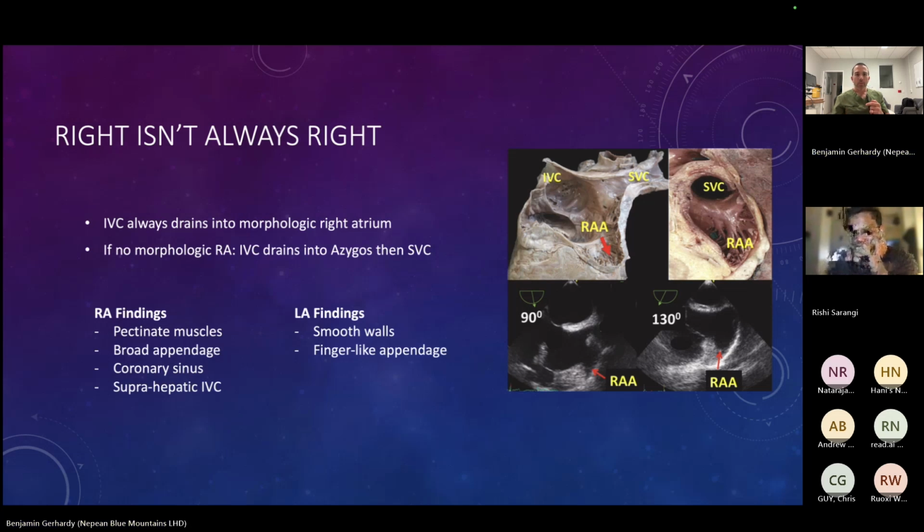The IVC will drain to the morphologic right atrium. The right atrium will have some pectinate muscles. It'll have a really broad appendage, which you can actually see on both transthoracic and transesophageal echo. I've just got to point out on the slide, the picture on the right, the coronary sinus associated with that. The left atrium has smooth walls and finger-like appendages, as they describe it. So identifying your left and right atria is a really useful base, because then you can work out your plumbing around that.